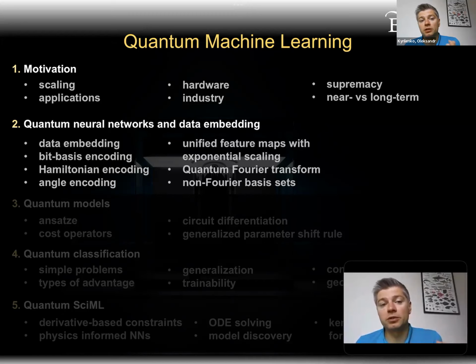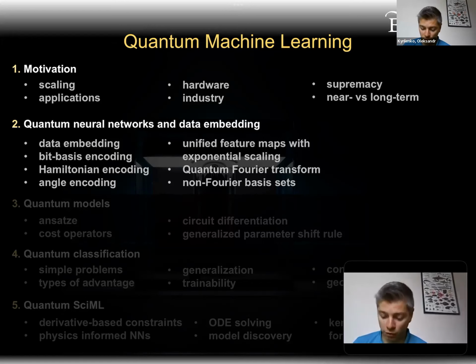Specifically, how can we construct neural networks and data embeddings? In my point of view, that is one of the most important parts of quantum machine learning. I will discuss technical details of different embeddings, show how they can be related, and apply them to, for instance, problems of regression.